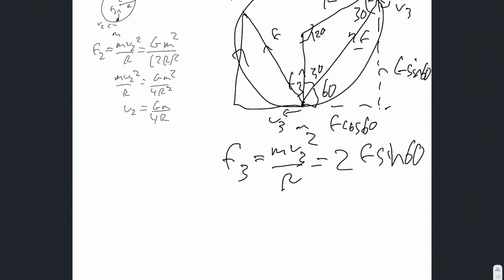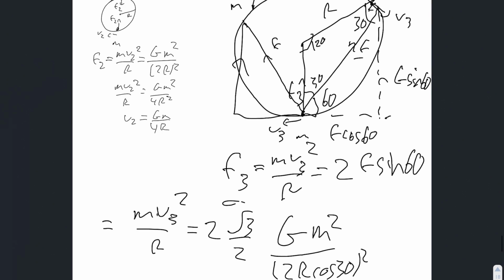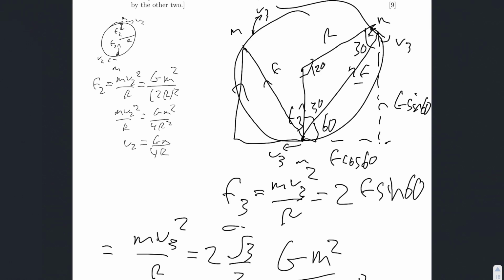Putting this in better terms, m v3 squared over r equals 2 root 3 over 2 times F, and F is actually G m squared over 2r cos 30 squared. So 2r cos 30, because it's just the distance between those two objects.